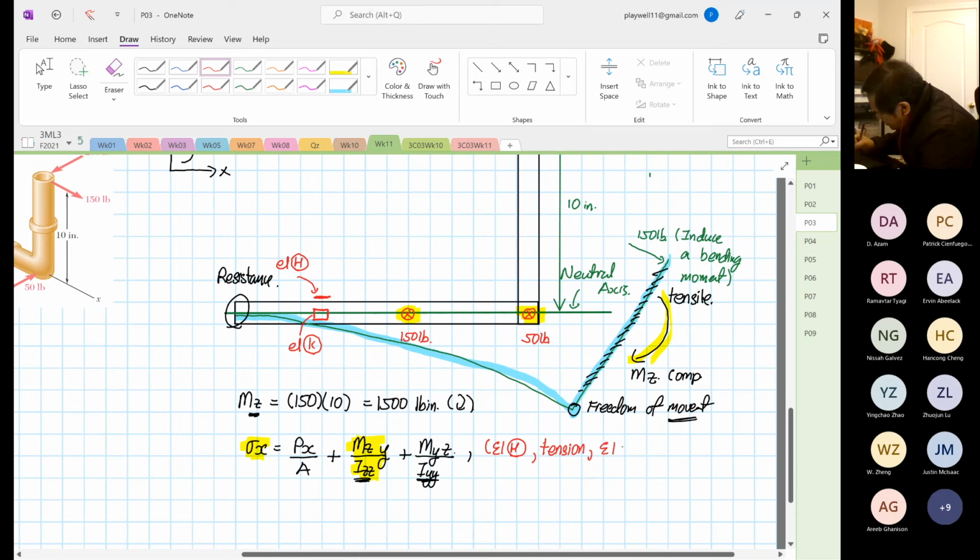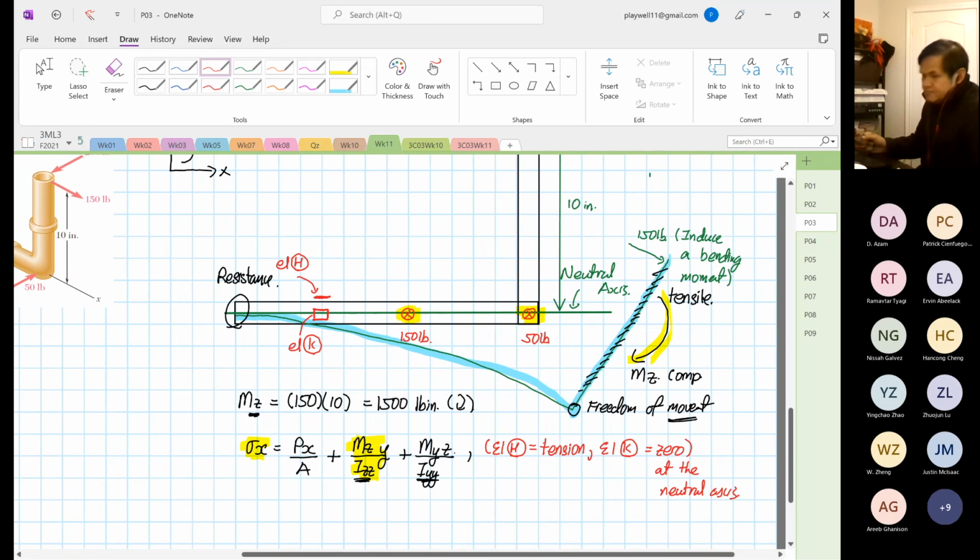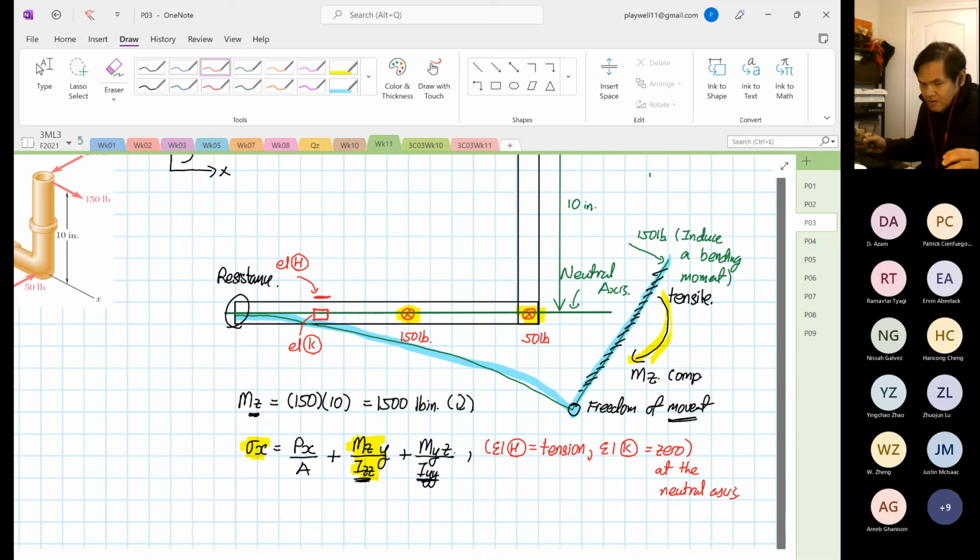Element K will be equal to 0. Element H will be tension because it's above the neutral axis. Element K will be equal to 0 because it's at the neutral axis. That is why this course or this topic has a lot of analysis. So we are not over yet.